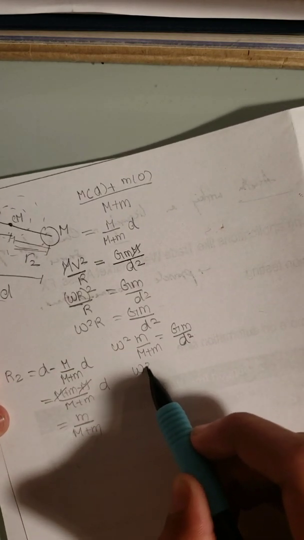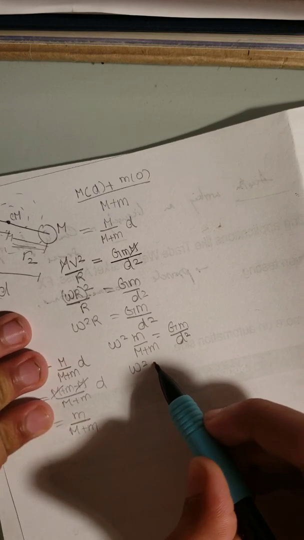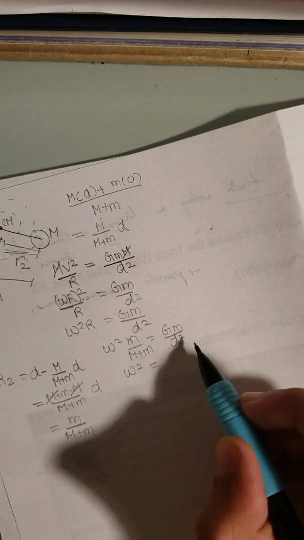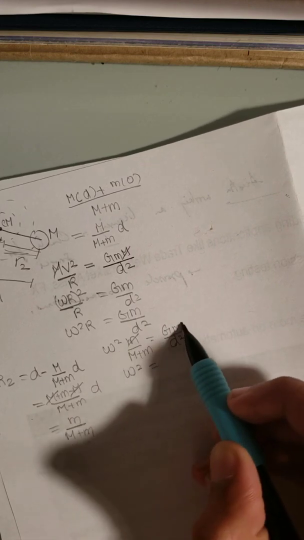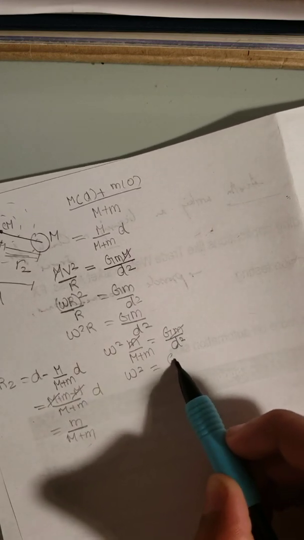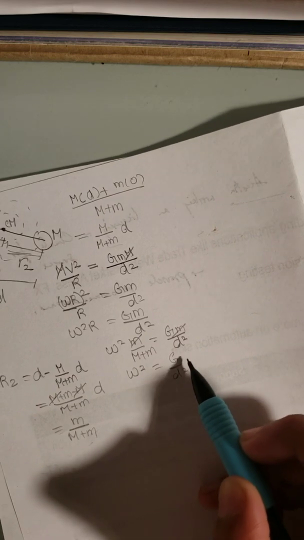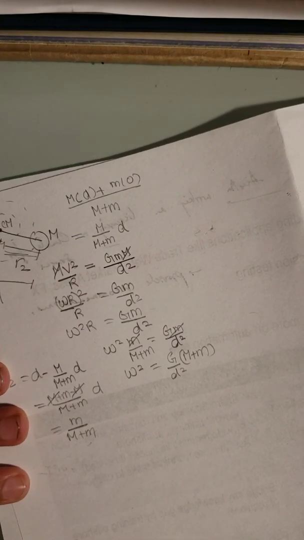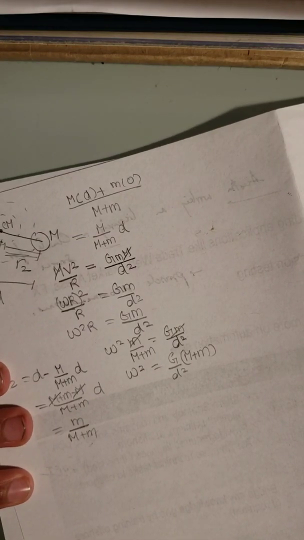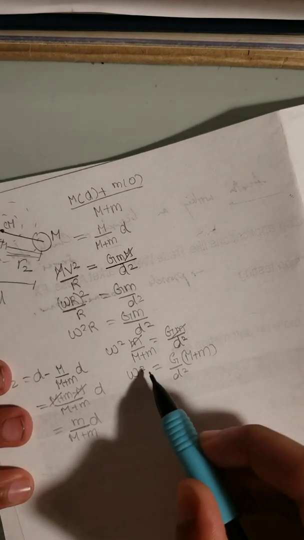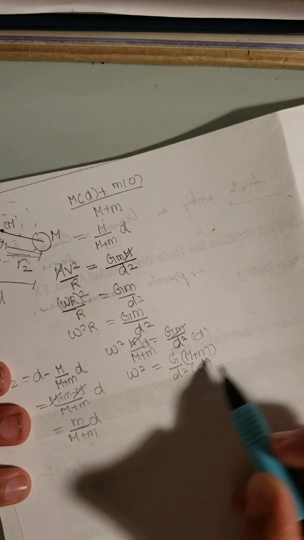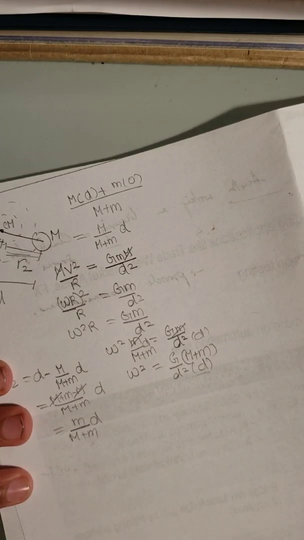We can simplify this a bit by taking small m divided by big M plus small m to the other side, and after some simplification we find that this evaluates to G multiplied by big M plus small m divided by d squared. Sorry, there's another d here. So this would eventually become d cubed over here.